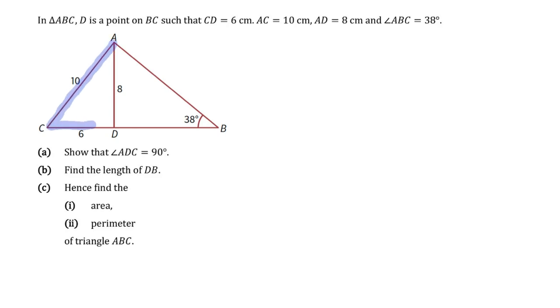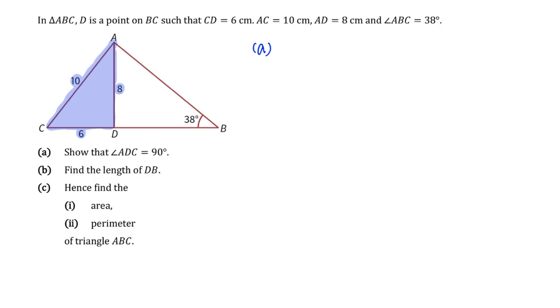So we are going to focus on this triangle here, where we are given these 3 lengths. And to prove for a right angle, part A, we just need to apply the converse of Pythagoras theorem.